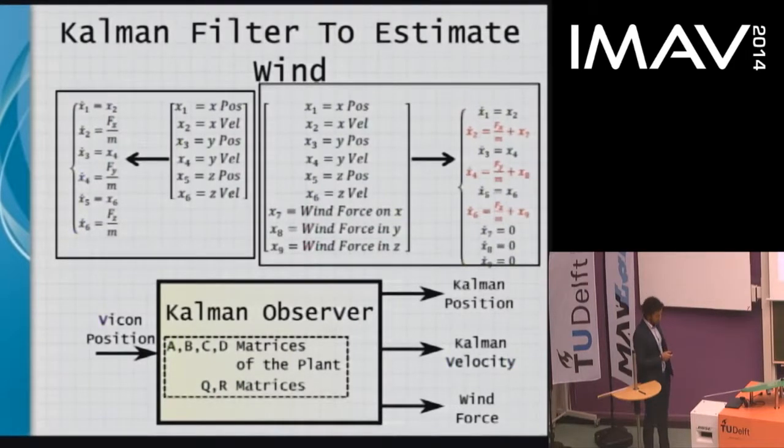If this works, then in theory you could have what I called Kalman position, a Kalman observer, Kalman velocity that we already had, and then probably also the wind force. And from the wind force, if you have a complete aerodynamic model of the quadrotor, you can get to the wind speed and direction.